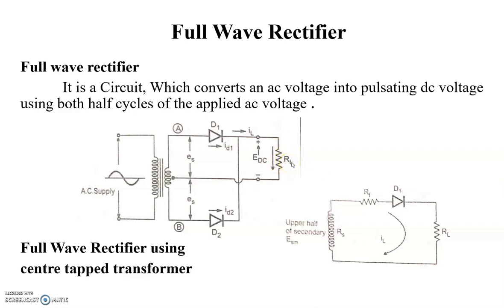So the same input voltage will also appear across the load RL. This diagram shows the equivalent circuit during the positive half cycle of the full wave rectifier.